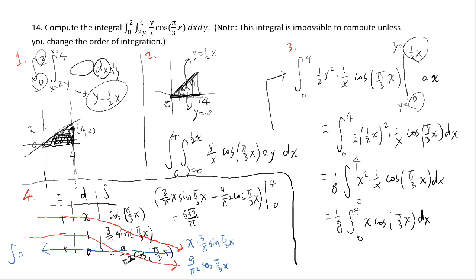Okay, and then cosine 4 pi over 3 gives you negative 1/2, so it's minus 9 over 2 pi squared. Okay. And then when you plug in 0, this is 0, whereas this one, if you plug in 0, it's 9 over pi squared. And you have to subtract.